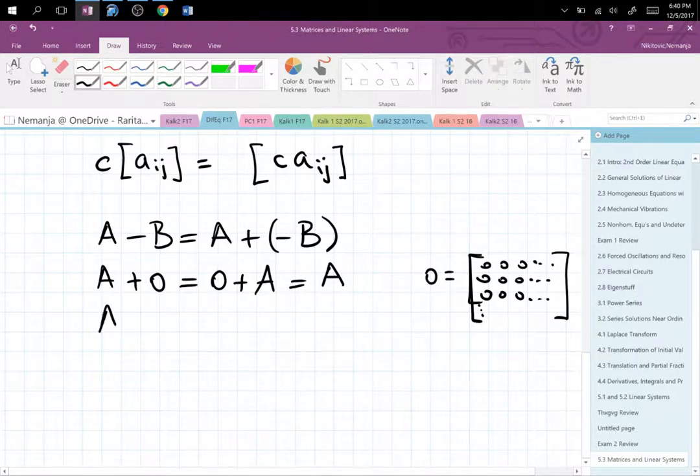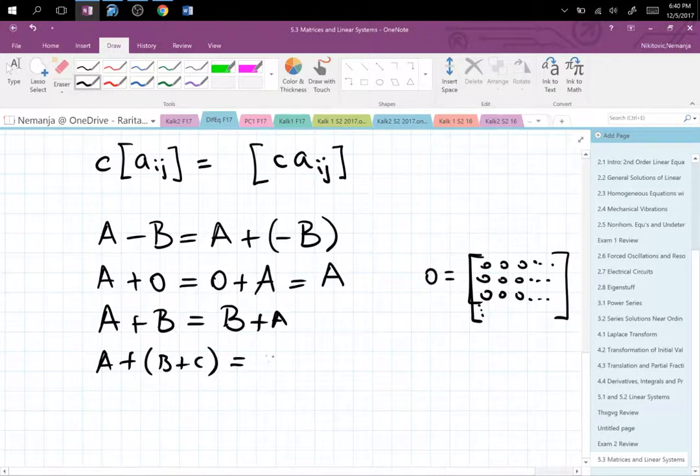We have the commutative property for addition of matrices, and we have the associative property as well. And the distributive property when the constant is involved, not another matrix.